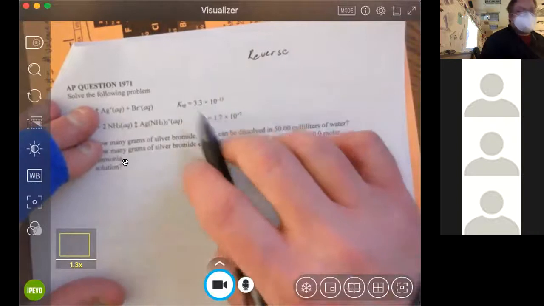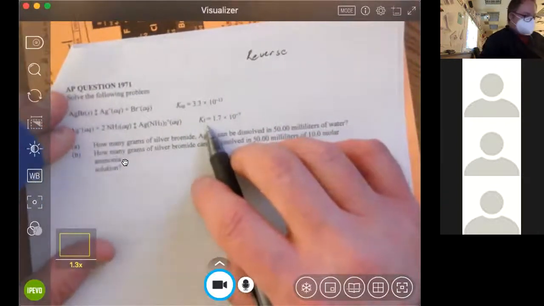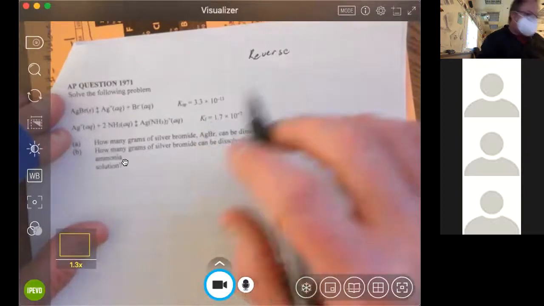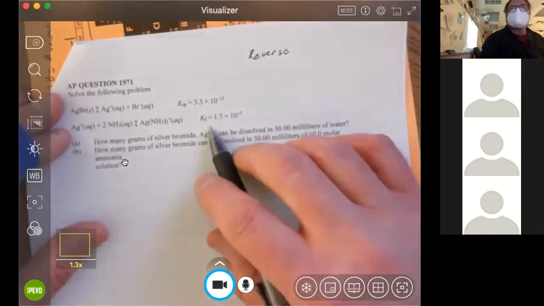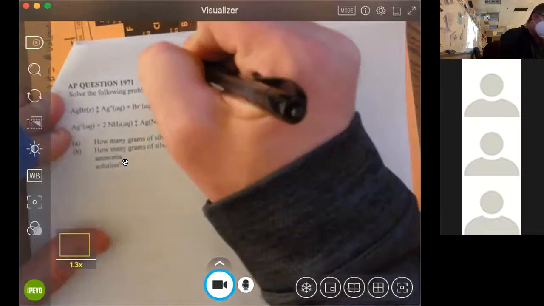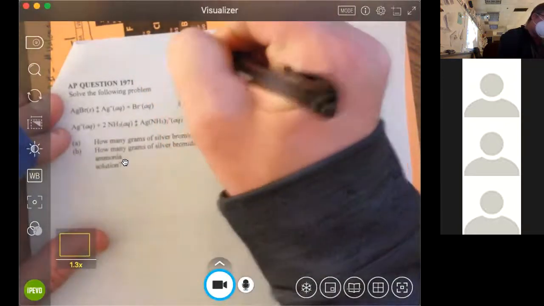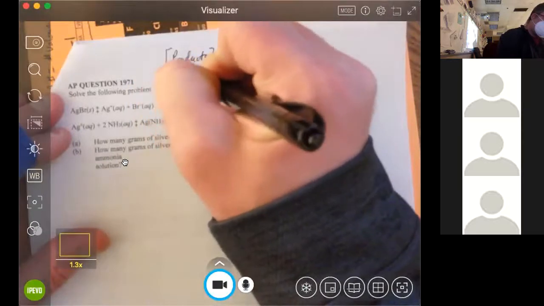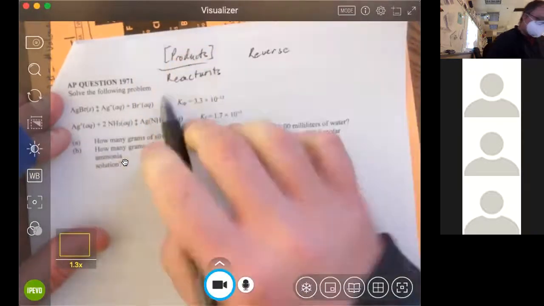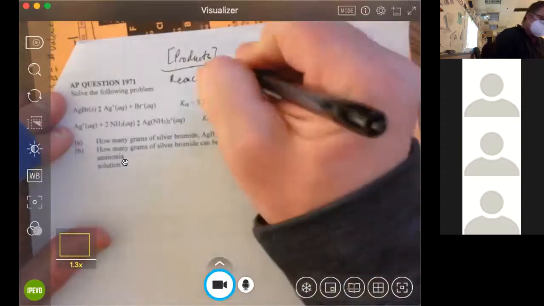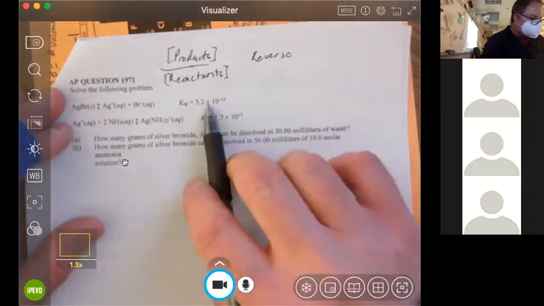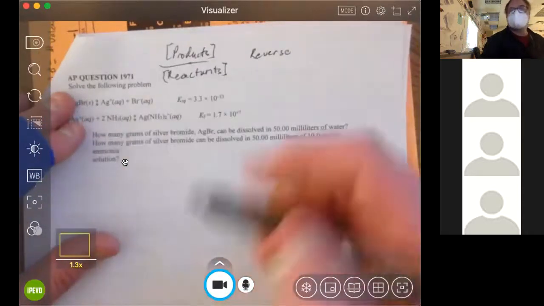If this is K now, right? These aren't the delta H's. So if we reverse the K, remember it's products over reactants. That's what K is, products over reactants. And I'm just doing this kind of general right now. But if we reverse the reaction, what do we do to the K?